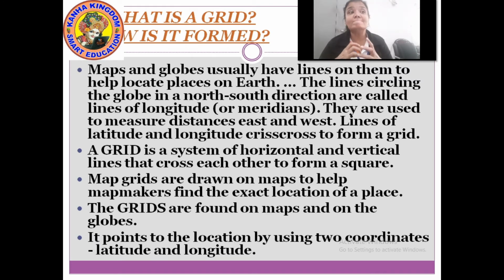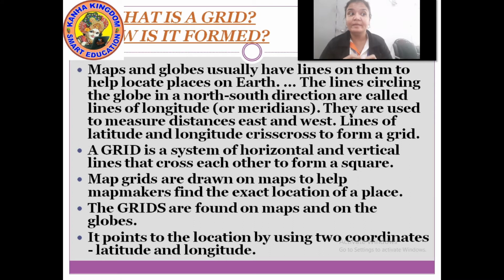Map grids are drawn on maps to help map makers find the exact location of a place. When you see a grid on a map, you have to know that it helps map makers find the exact location of a place.